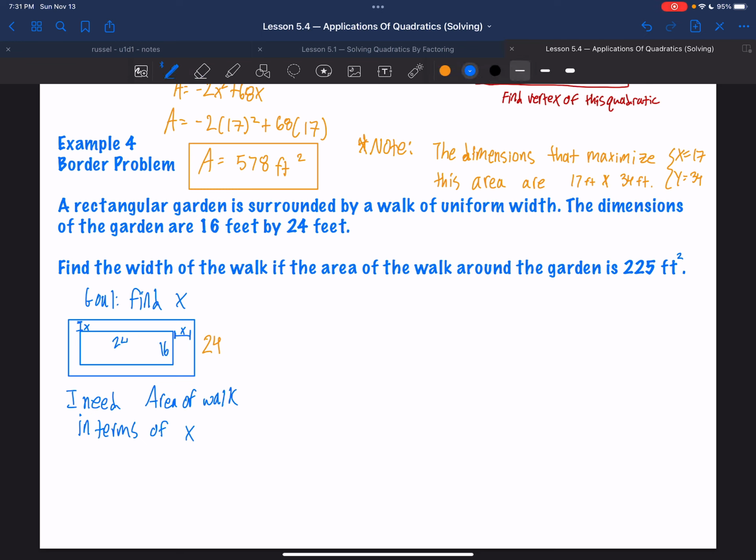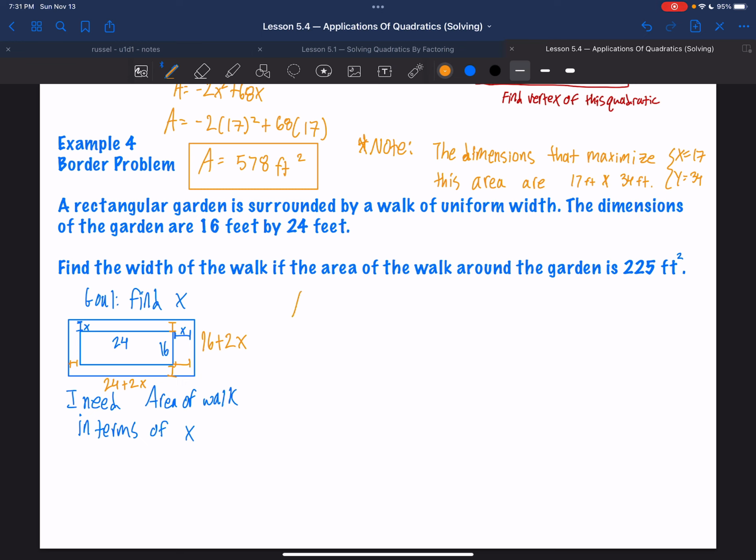This should be 24 since that's the longer length. Okay. So I'll call this 16 plus 2x. You see, because it has a side length of 16, then an x, and then an x, right? And then the other side length is 24 plus 2x, since it's a side length of x and a side length of x together with 24.